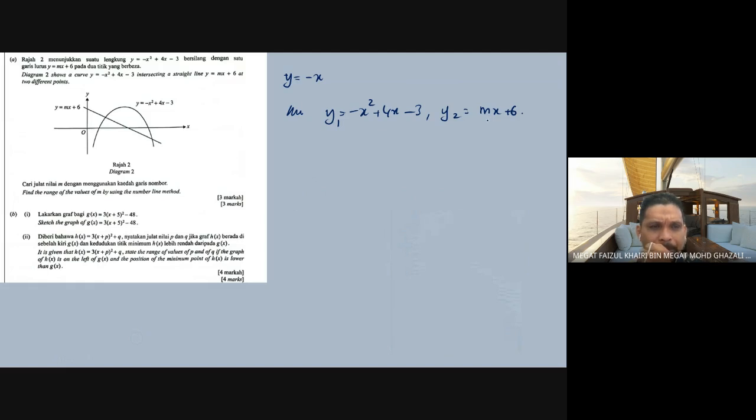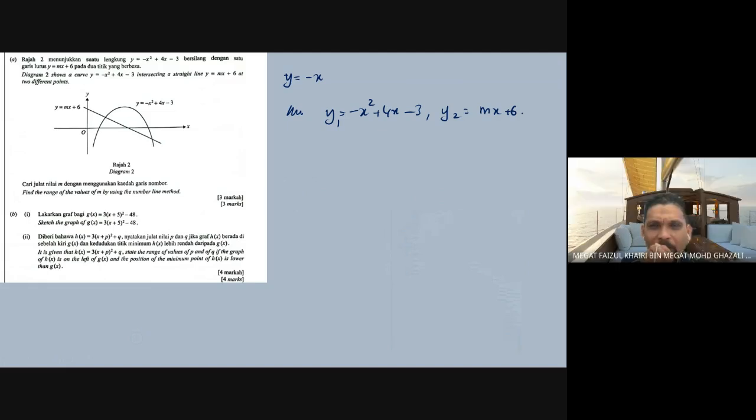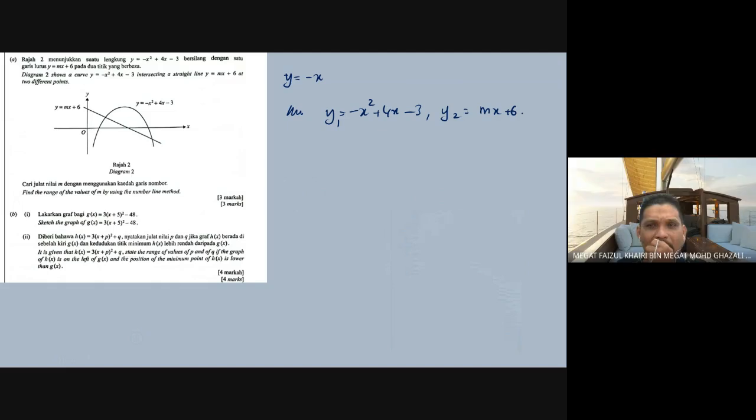Okay, have you met with this kind of question before? Yes. Okay, so what is your idea for this question then? They want m, maksudnya they want gradient. M is gradient, okay.